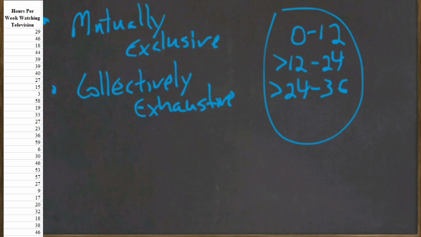So that helps us satisfy the mutually exclusive requirement, right? Each value only falls into one spot. So those are two things that we want to keep track of while we are building our frequency distribution, just like we did with the frequency table. So we'll be back with a video discussing how we could visualize this data with a histogram.